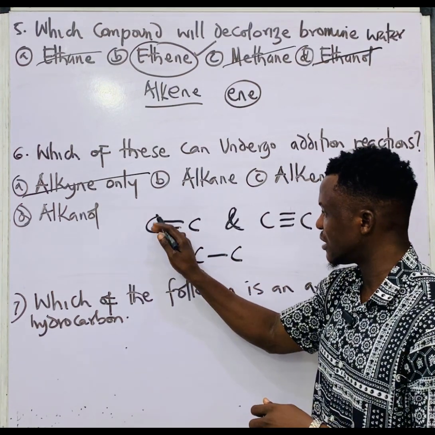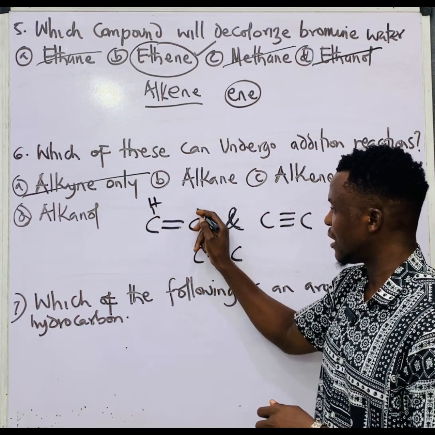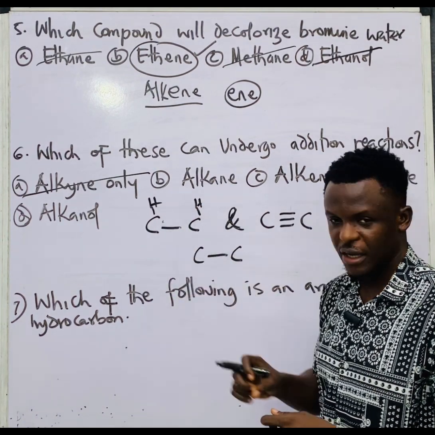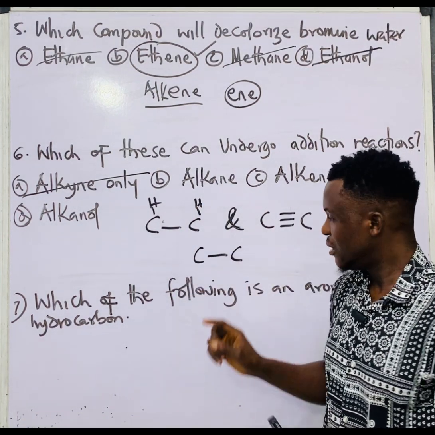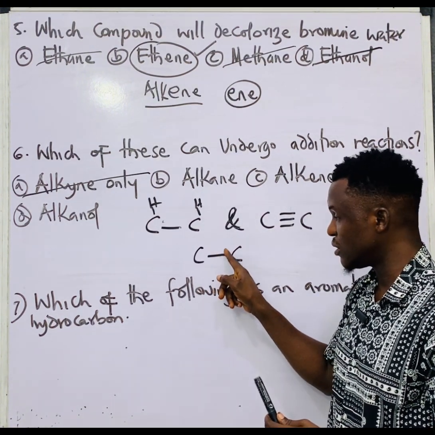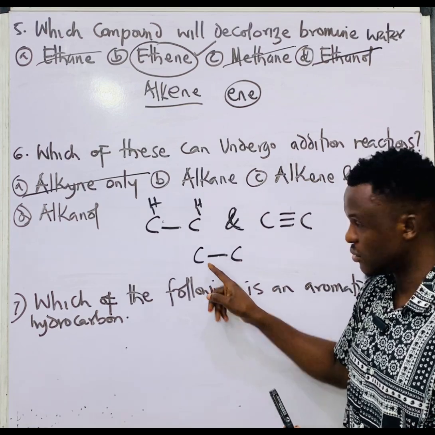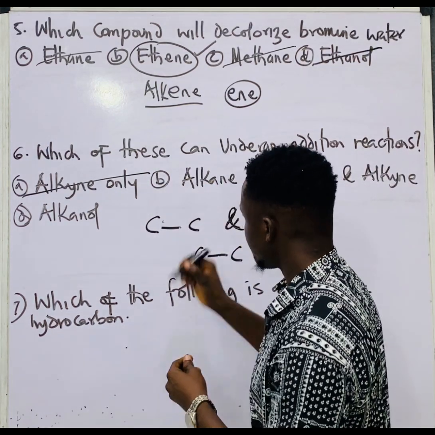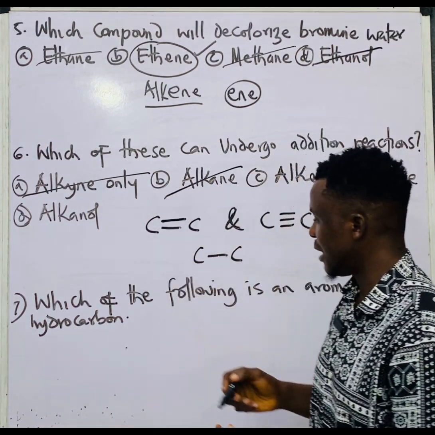So if I put H here, for example, I remove this double bond here. That's the concept in addition reaction. So alkanes do not have a double bond, so there is nothing to remove here, and you cannot remove this bond. Okay? So alkane is not the answer.